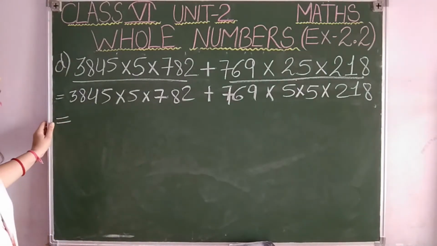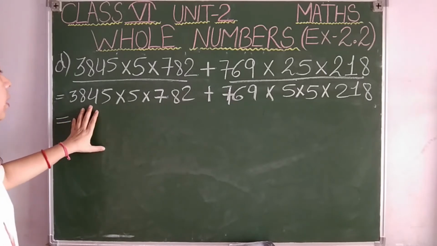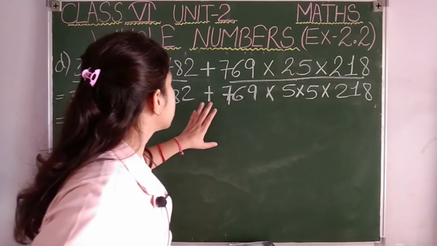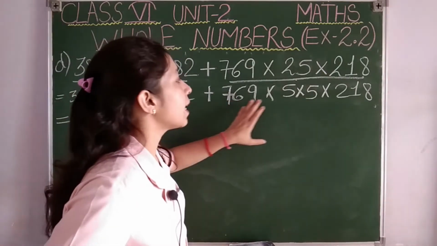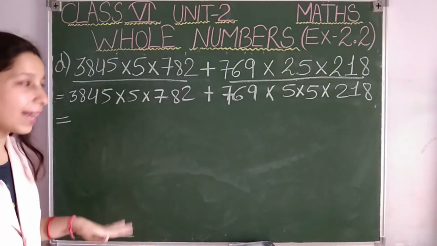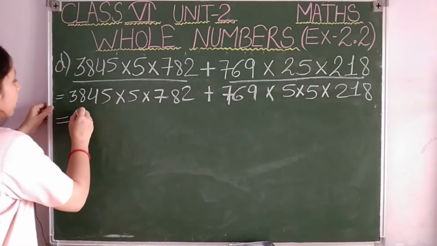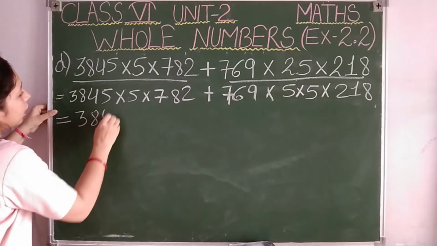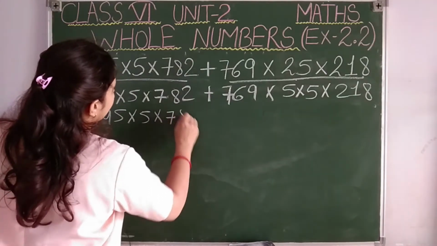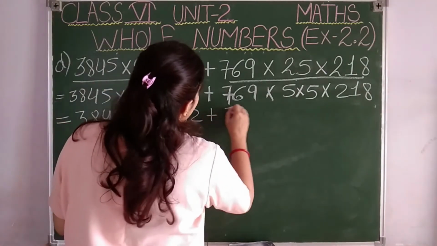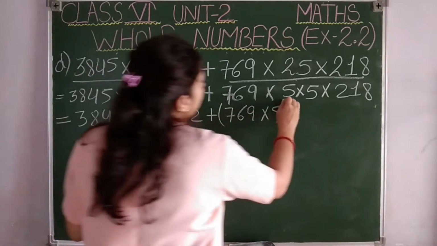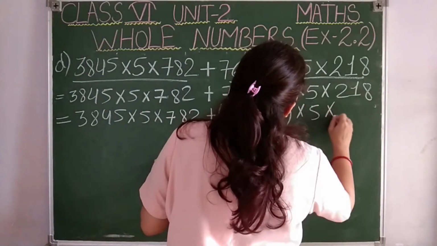Now this 3845 and here 769 into 5. Again I will make them common. What I told, again I am explaining. Look here, students. 3845 into 5 into 782 plus 769 into 5 into 218.